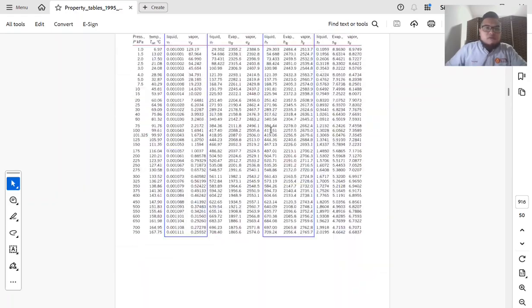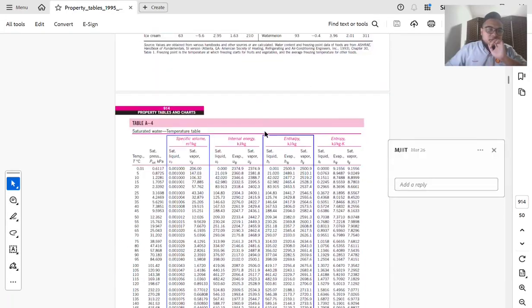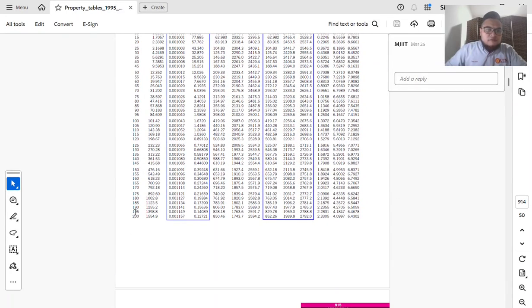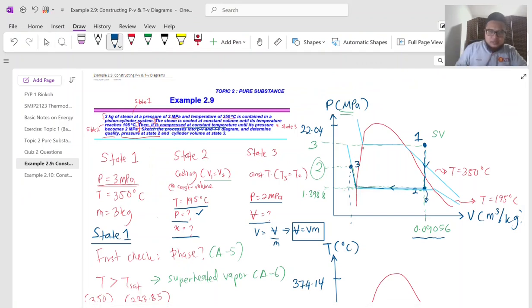So coming back to A4 at 195, you are going to look for V sub F. So at 195, V sub F is 0.001149. I think we saw that earlier. So in reality, this may have been drawn not so much to scale, but really this point and this point are very close.